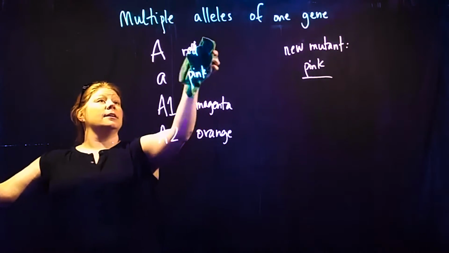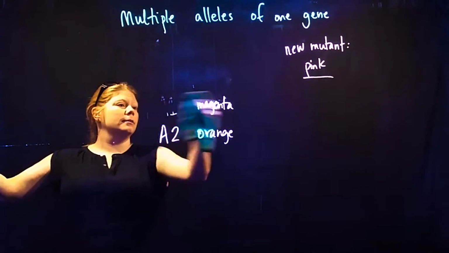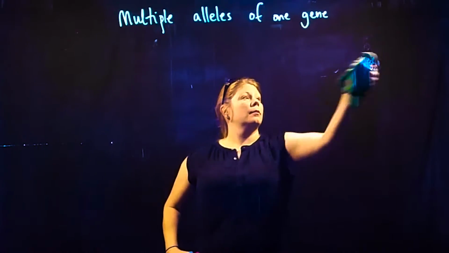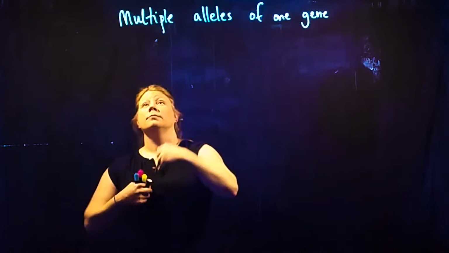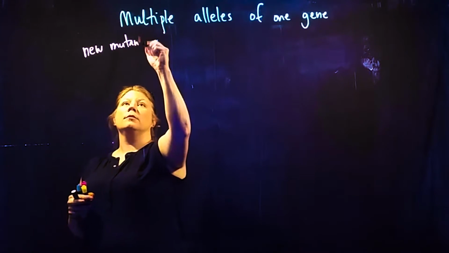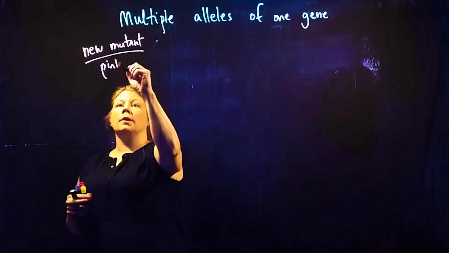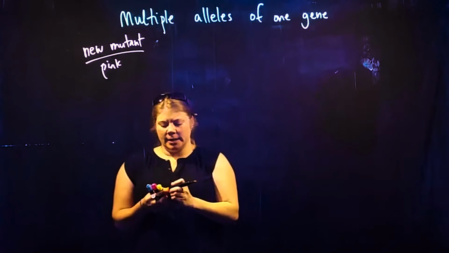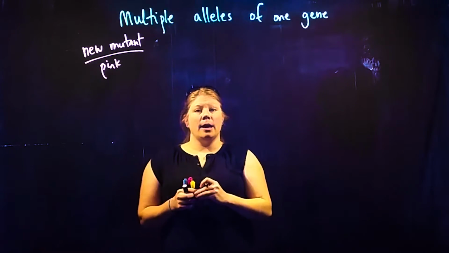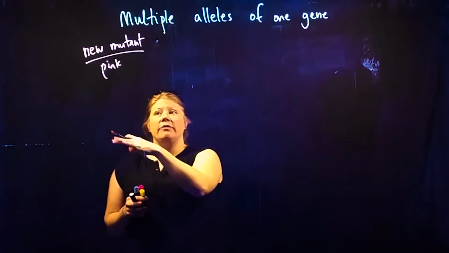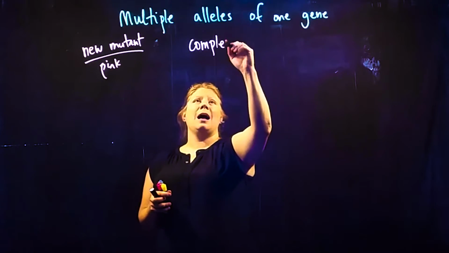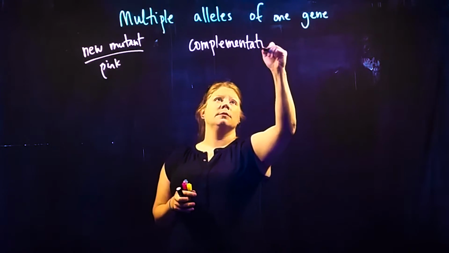So I'm going to erase our original alleles here. We have a new mutant that is pink, okay? And in order to answer the question whether we have a new allele of gene A or a whole separate gene that affects flower color, we're going to perform a complementation test, okay?